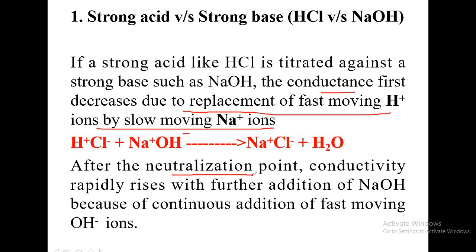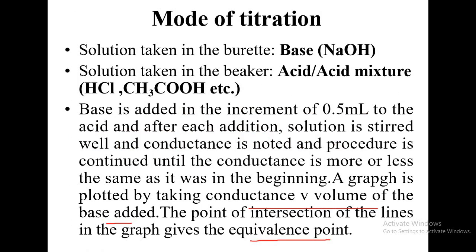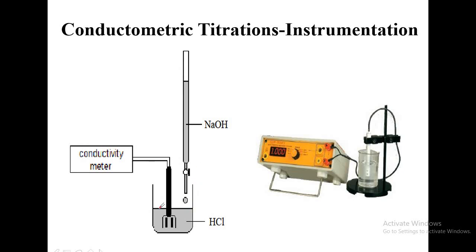So after the neutralization point, there are no H plus ions in the solution. Then NaOH is added from the burette, and the concentration of OH minus ions goes on increasing because all the H plus ions are converted into water. Now if you add excess NaOH, the OH minus ion concentration goes on increasing.